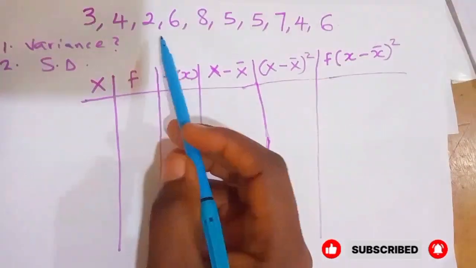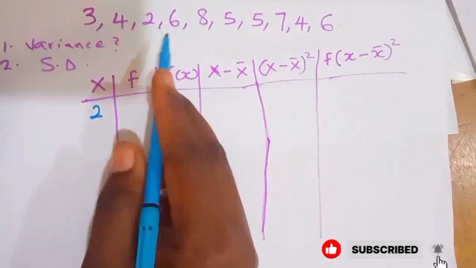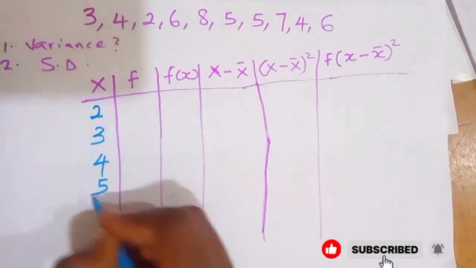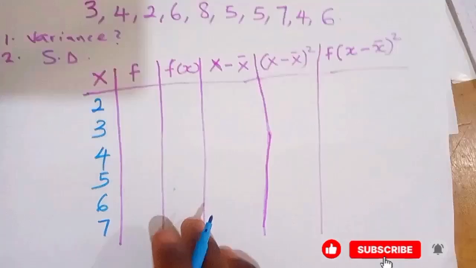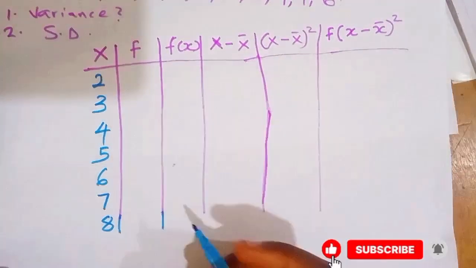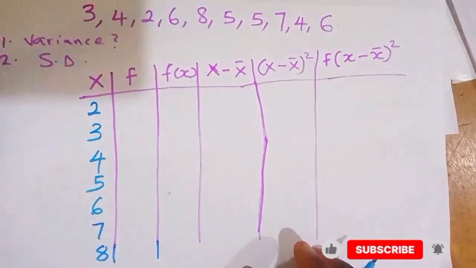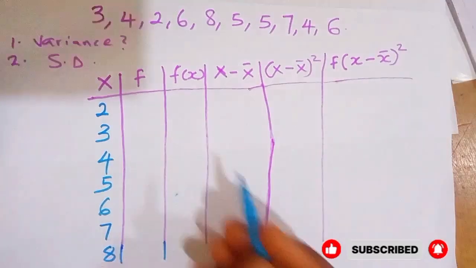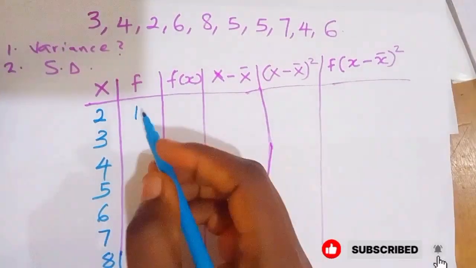Now the order of arrangement: we have 2, that is the lowest number here, then 3, 4, 5, 6, 7, and 8. Now frequency is how many times a number occurs. 2 occurs 1 time.